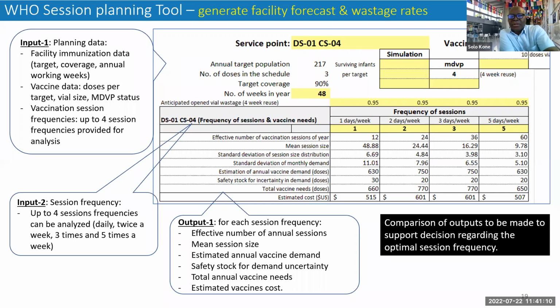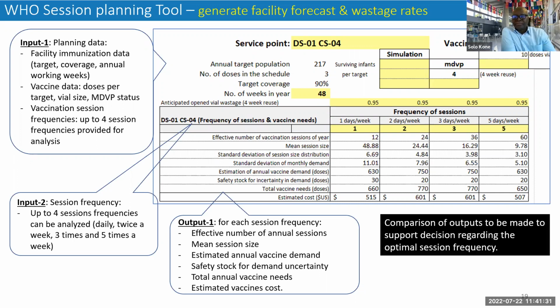You see the total and the estimated cost here, so you can decide now whether you are going to make three sessions, 5 sessions a week, or 2 days a week, or 1 day a week. And then by comparing, you can select, knowing in advance what the output is.